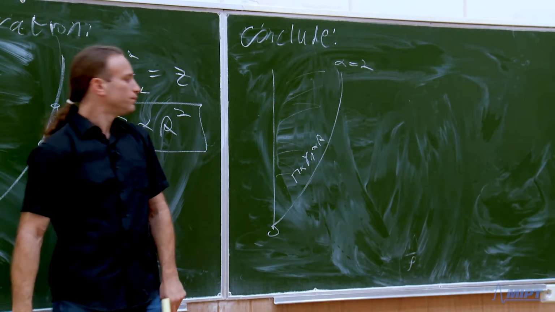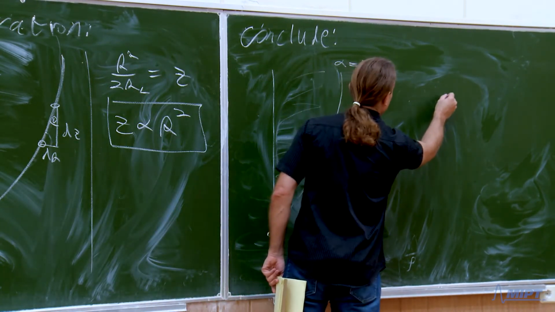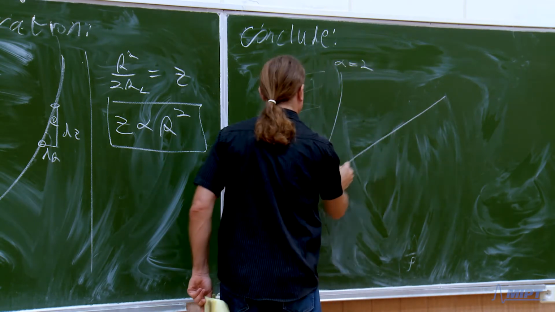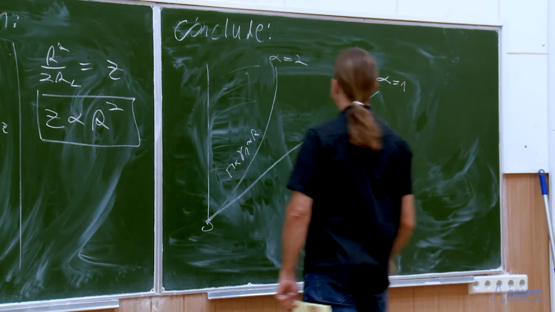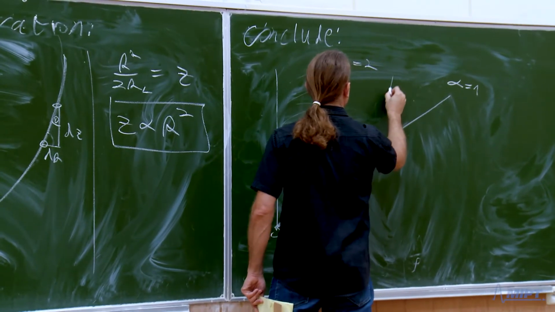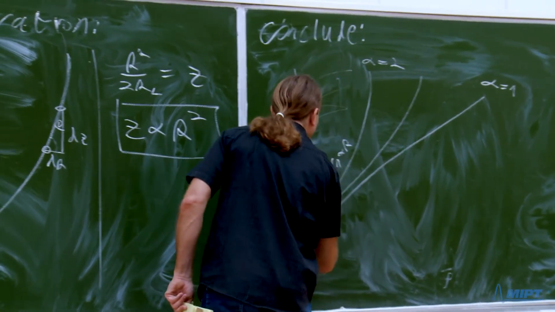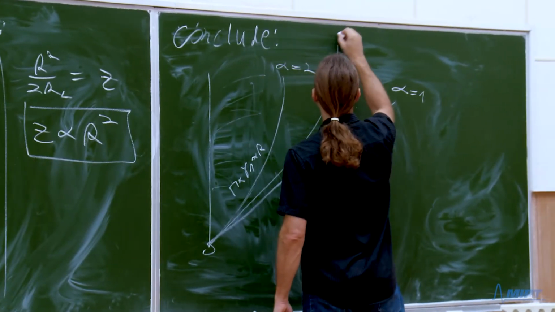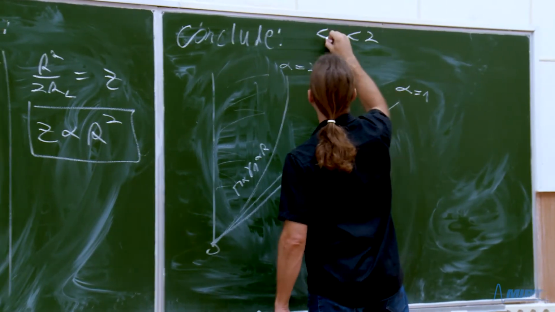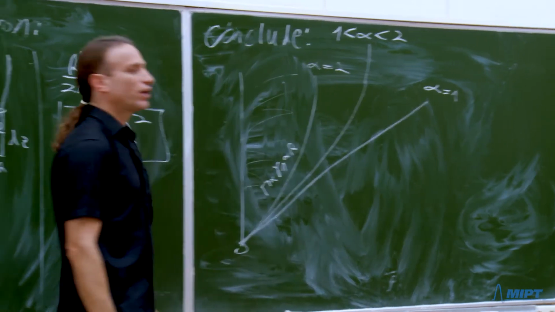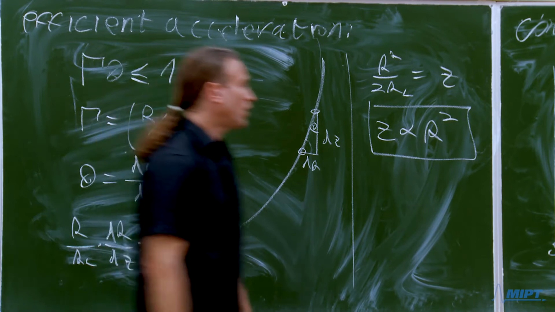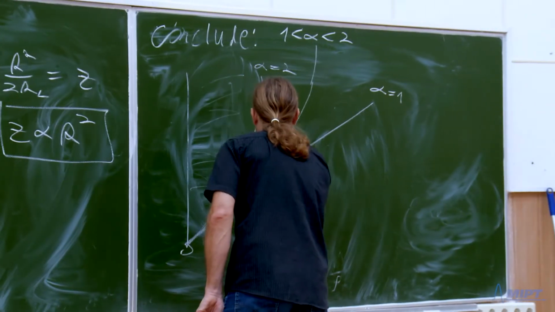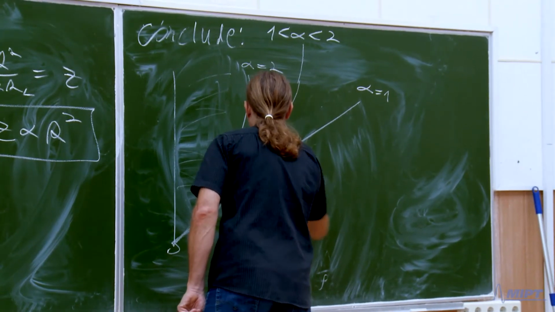Now, this is a radial curve. This is alpha equal 1. Let's look at the situation where alpha is smaller than 2 and larger than 1. What will happen here? I will accelerate up to a point. We'll mark it as a star.